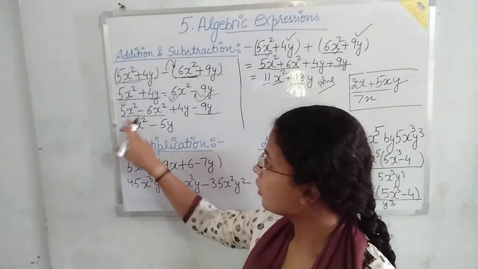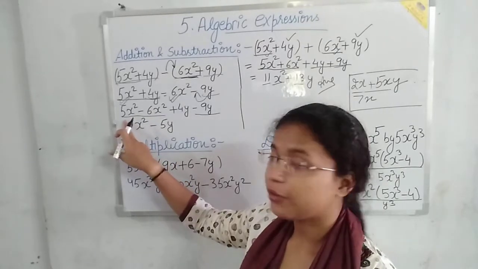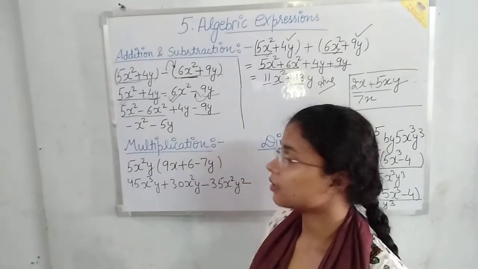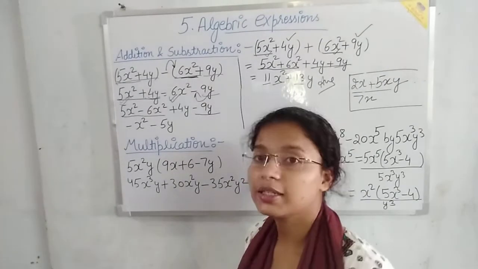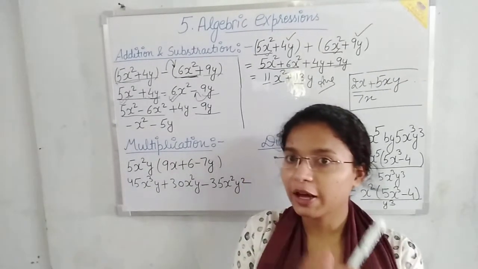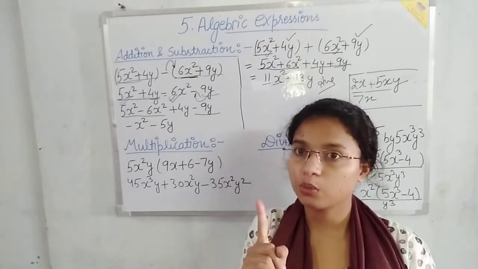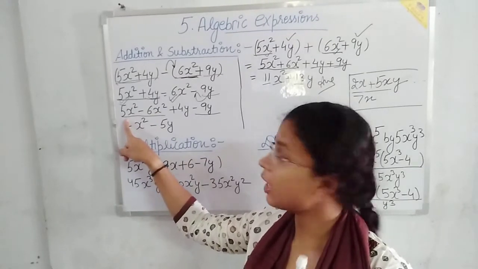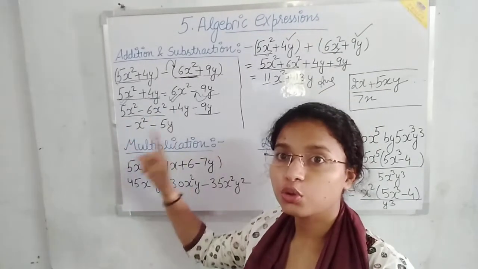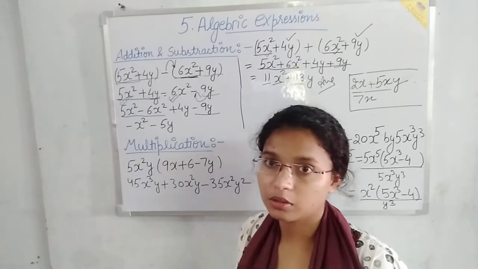In the first two terms, 5x square and minus 6x square, first of all subtract the digits. 5 minus 6. When you subtract 5 minus 6, you will get 1. But 6 is greater than 5 and the sign of 6 is minus. So you will write minus 1. Okay.